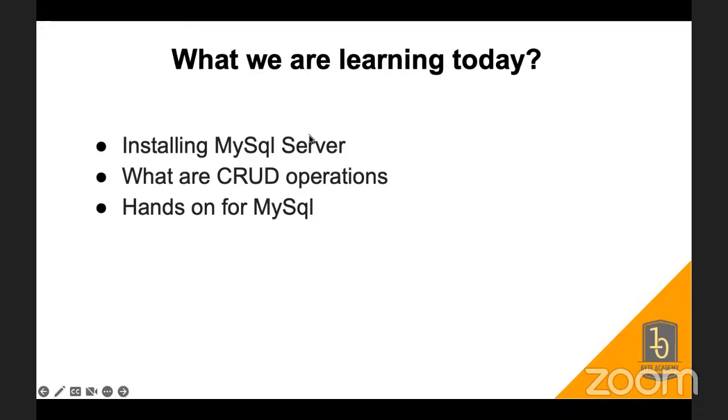So let's see how a table looks in any RDBMS. RDBMS means relational database management system. There you will create a table to store data. Let's say this is a table. I wanted to store student details in this table.